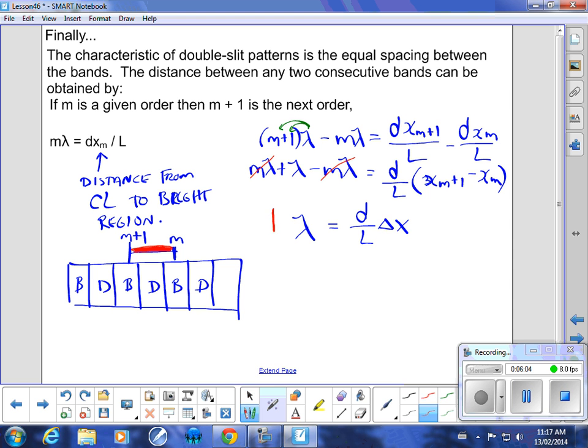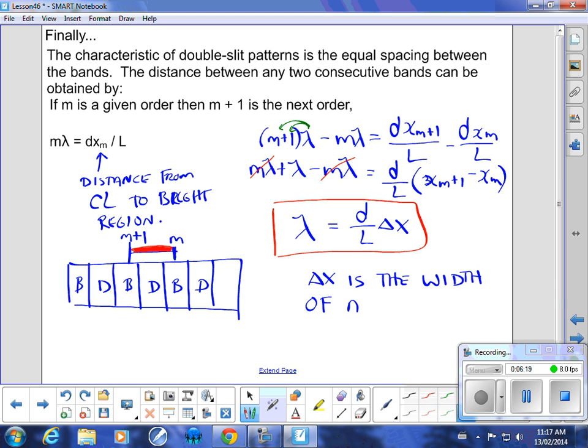And there is our final formula for Young's double slit. So delta x is the width of a band, or your bandwidth. Surprise, surprise.